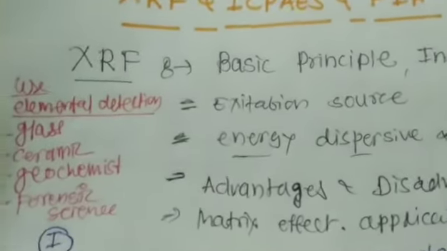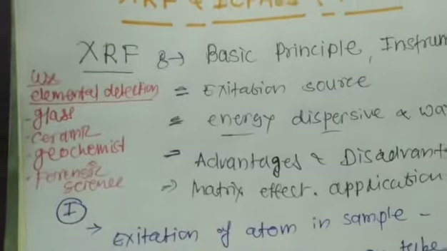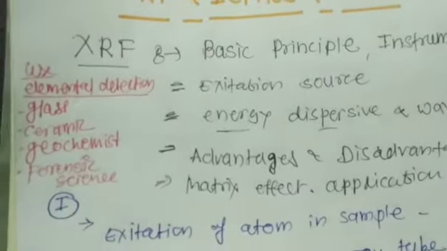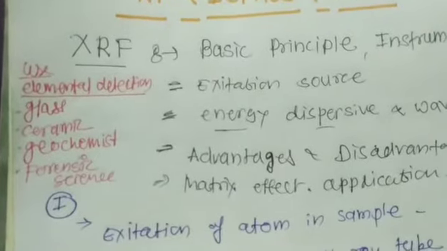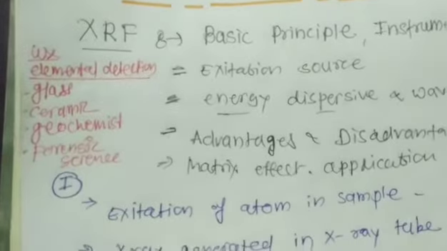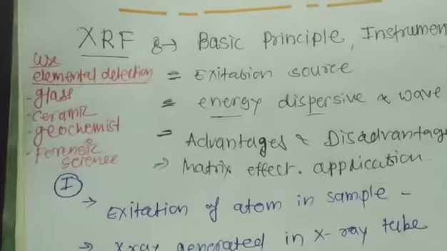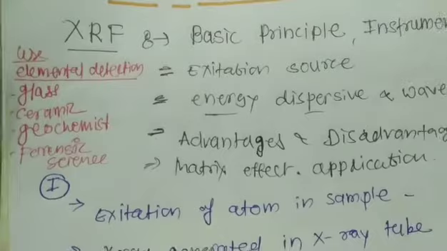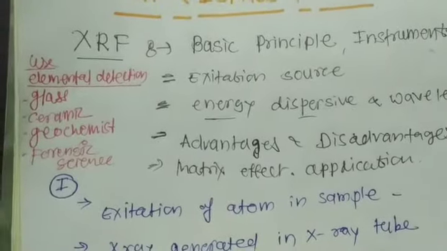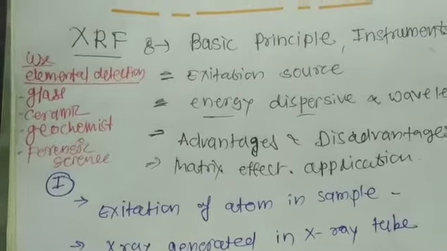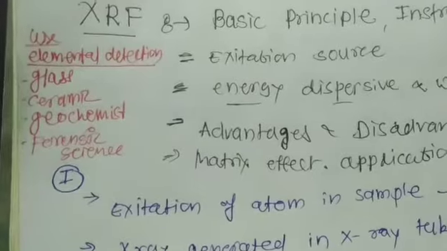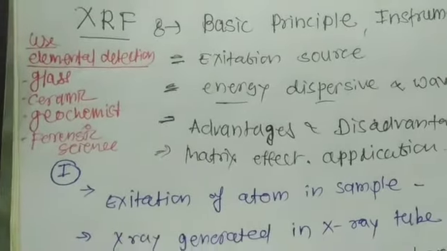So in today's world we require fast detection of elements. The X-ray fluorescence detects metals as well as non-metals, having atomic number more than 6. The general basic use of X-ray fluorescence is elemental detection.